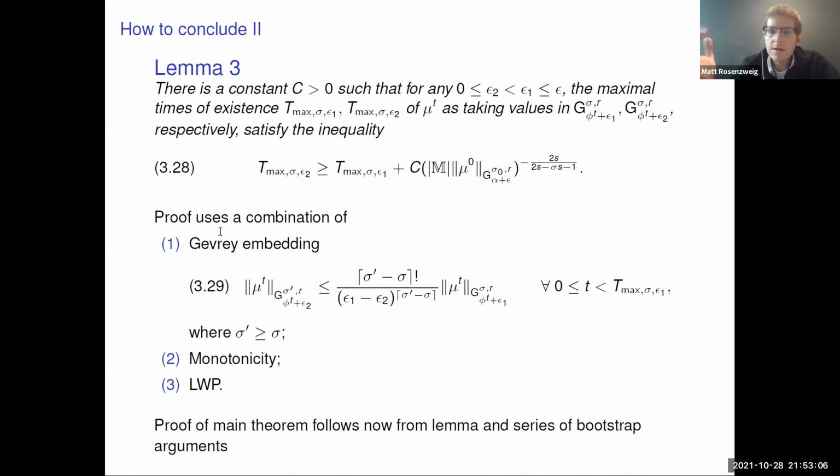And then once you have this, the proofs of the main theorems, I think, follow fairly straightforwardly. I'm not going to write it. The main idea is a series of bootstrap arguments to work your way up to get the final result. But this lemma 3 is the workhorse.